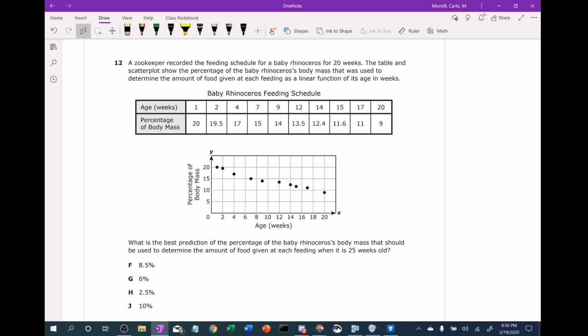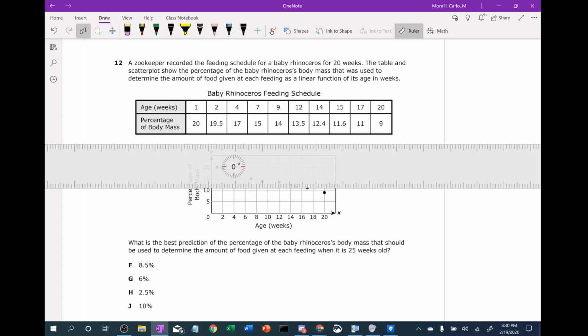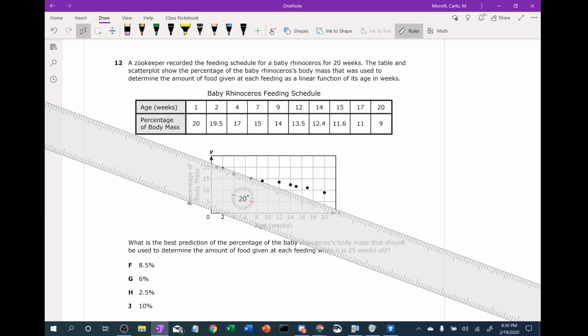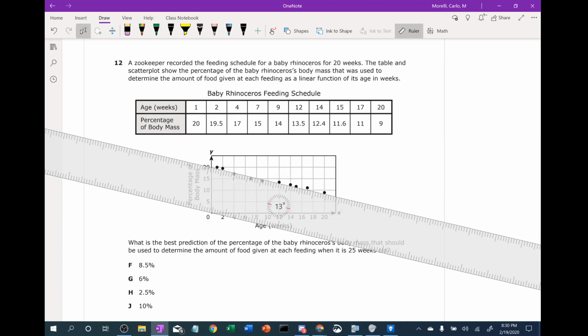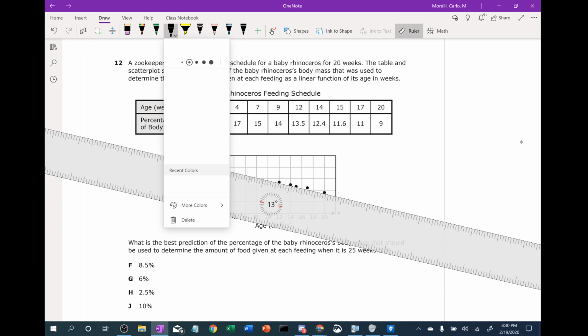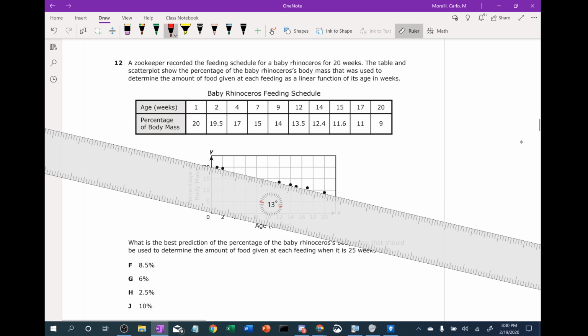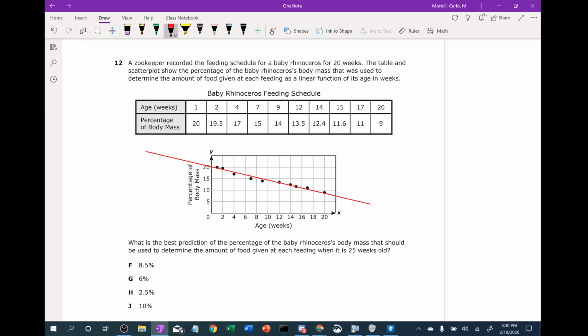So one thing we can do, if you have nothing and you don't know what to do, I'm going to take a ruler and make a line that goes through as many of the points as I possibly can. So you can kind of see what the trend is. All right? And we'll wait and see for that to show up. You're welcome, Rodnisha.